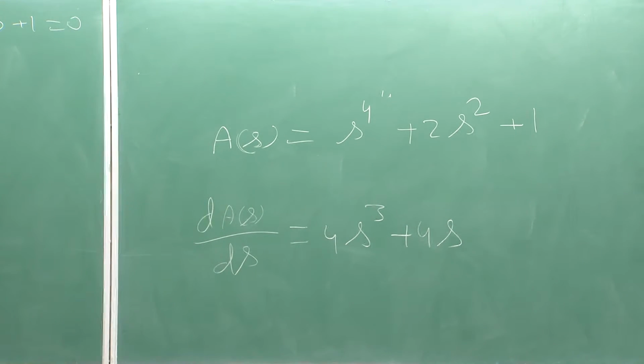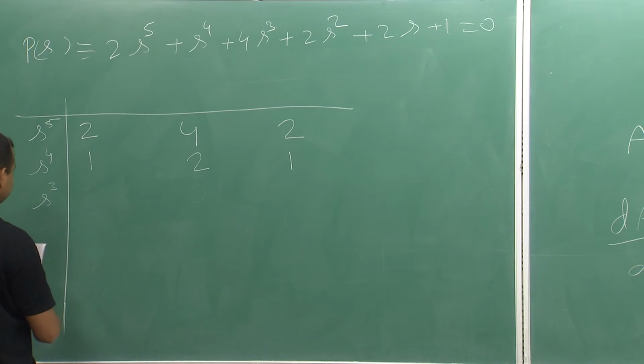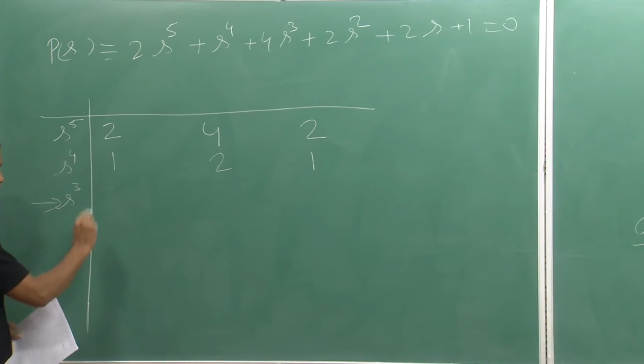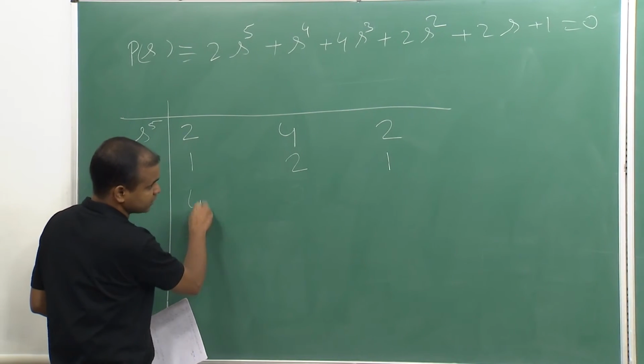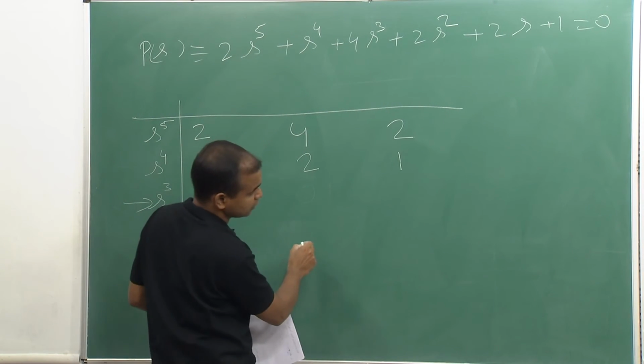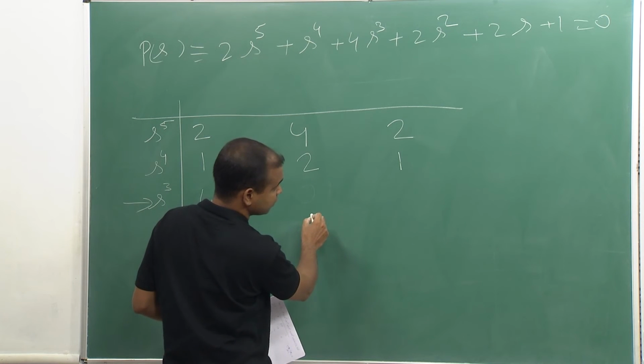So, I will have to replace the 0s in this row, where we are getting all 0. This is 4 and this is also 4.